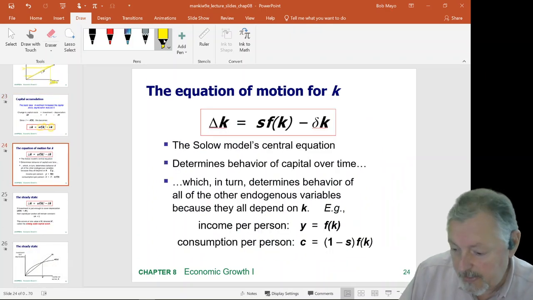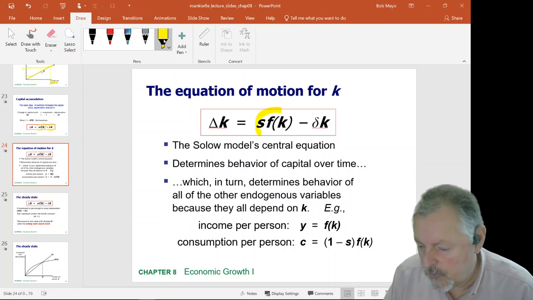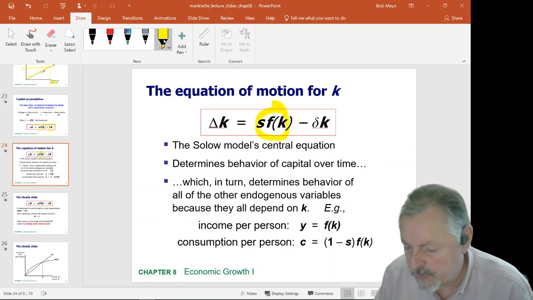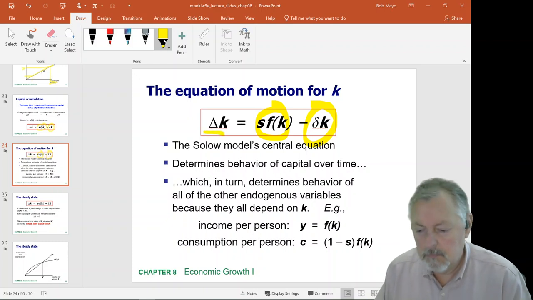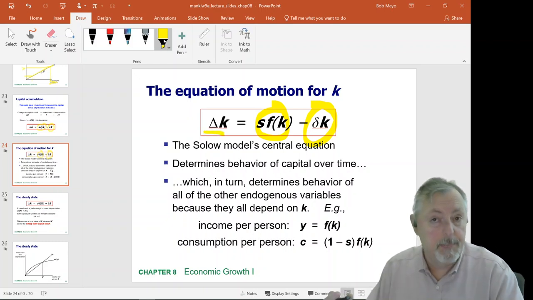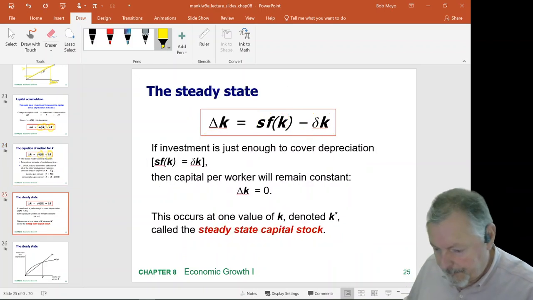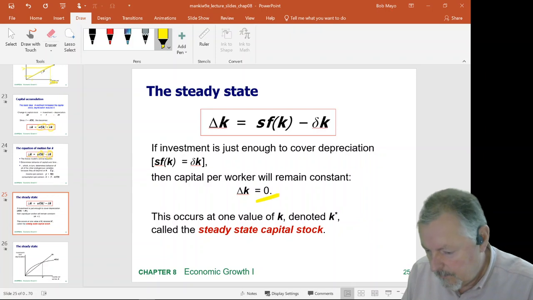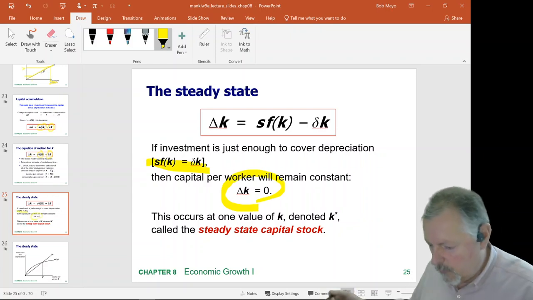And if they're not equal, if you're not in a steady state, if you're accumulating capital faster than it's wearing out, then capital will build up. Delta K will be positive. Okay. There's your steady state when that is true.